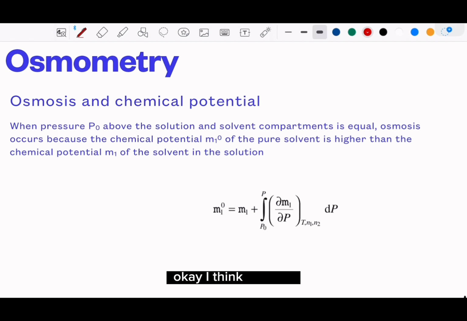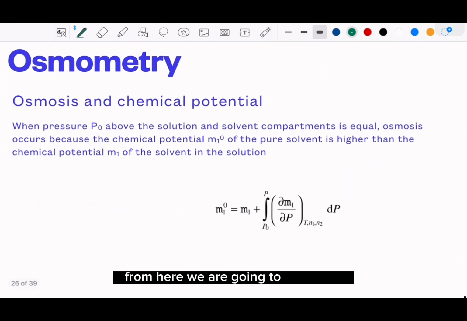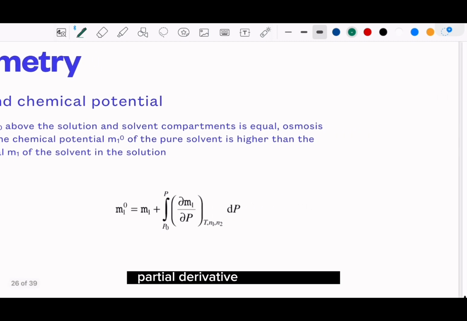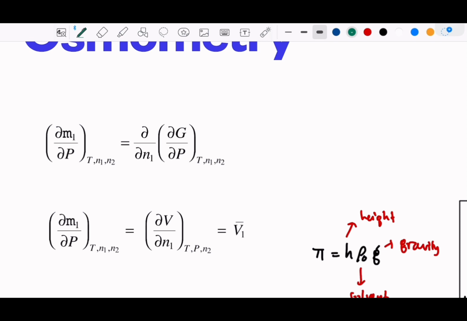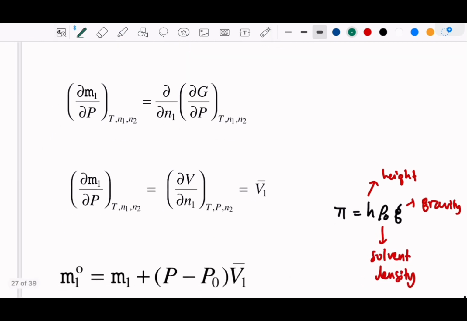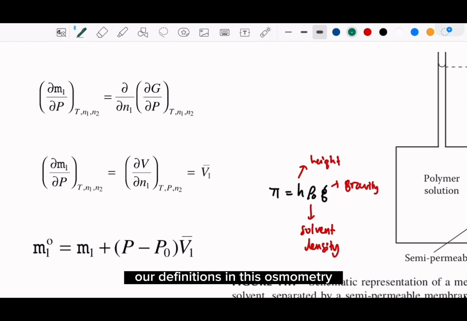I think you can read the notes later on, but from here we are going to see a little bit of calculus, partial derivatives for both of these. So we could take this G from before, and make it into V1 here, which is in our definitions in this osmometry.